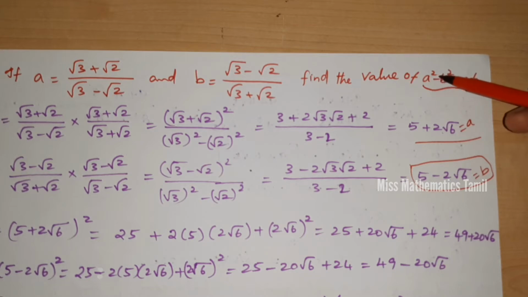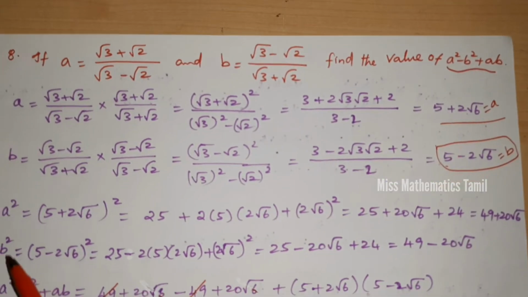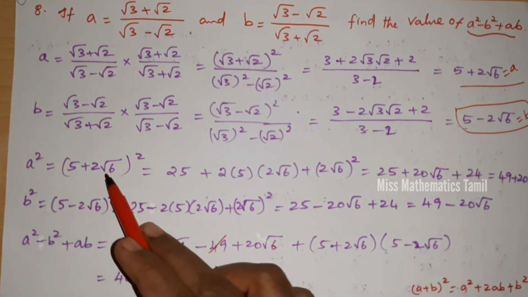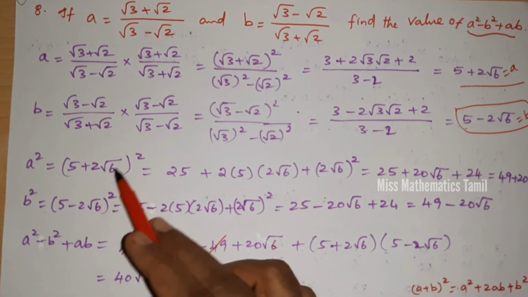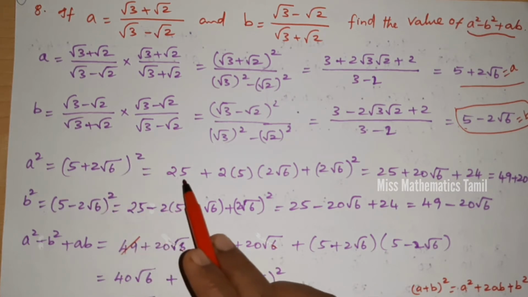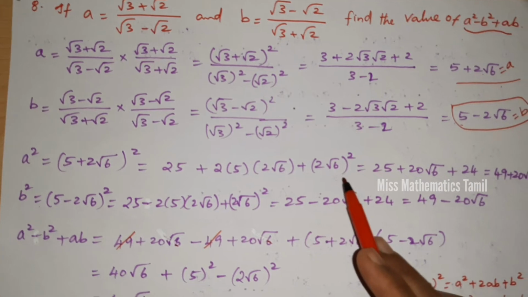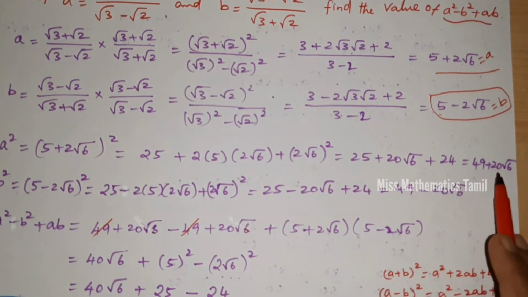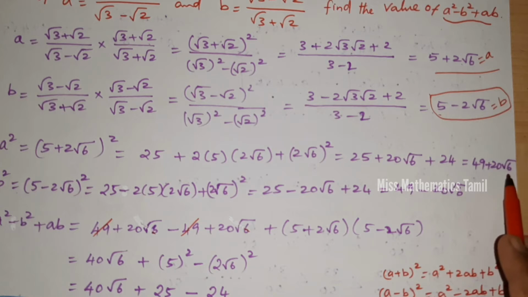For that we need a square, so I am finding a square here. What is a? 5 plus 2 root 6, the whole square. So the a plus b the whole square formula I am using, expanding and simplifying. Finally I am getting 49 plus 20 root 6.